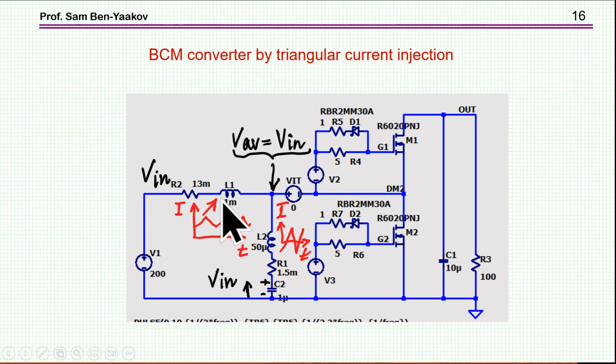And since the ripple here is appreciably lower than in the BCM, then obviously you'll save a lot on this filter, and this could be the reason to go to this approach, which on the surface looks as if it's more complicated and perhaps more costly because you have two inductors. But again, if you take into account the whole system, then this could be really competitive.